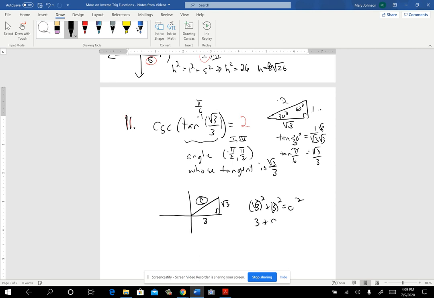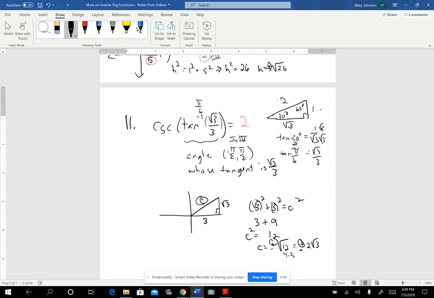So that would be 3 plus 9, which is 12. So c squared would be 12. So c would be the square root of 12. Okay, positive square root of 12. And that is 4 times 3. So that would be 2 square root of 3.